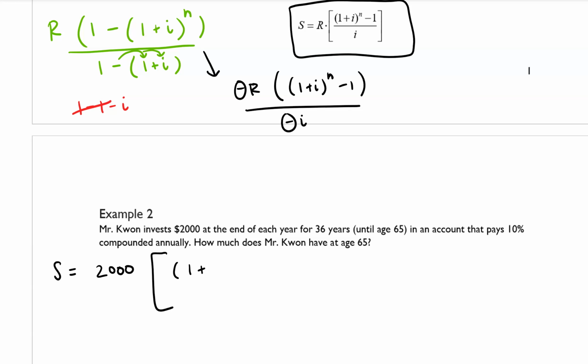So here it's compounded annually, so we don't need to do any division. So we could just write our interest rate as 0.10. And the number, our n value, the number of terms would be 36, since we're compounding for 36 years, minus 1 over 0.10.